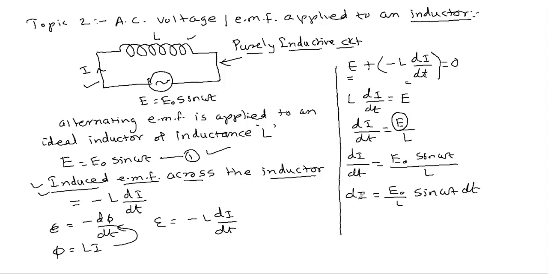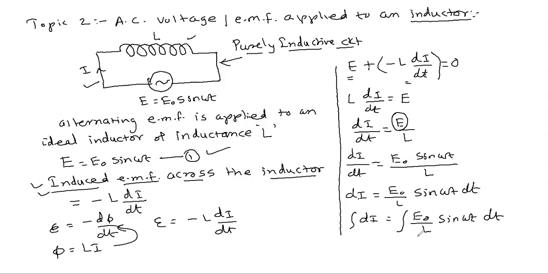Since I want the value of the current, simply integrate this equation. Integration of di is equal to integration of E naught upon L sine of omega t dt.